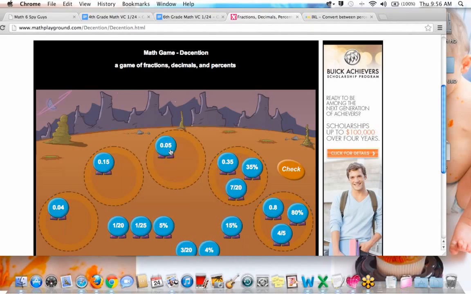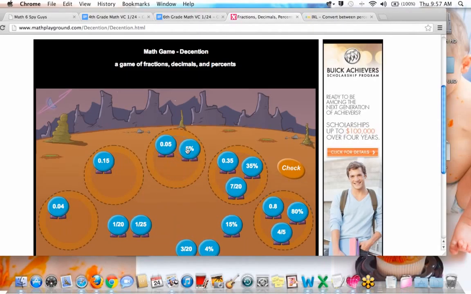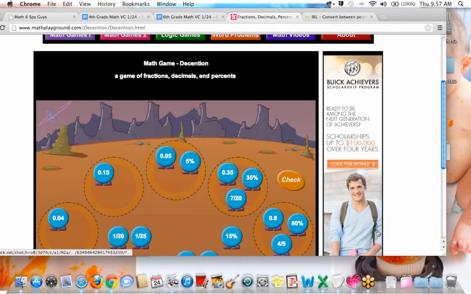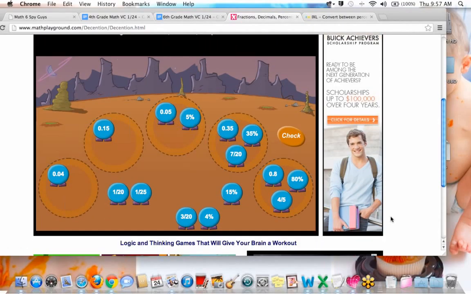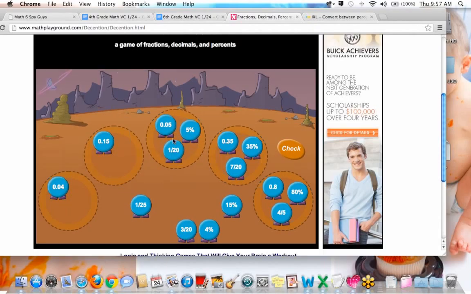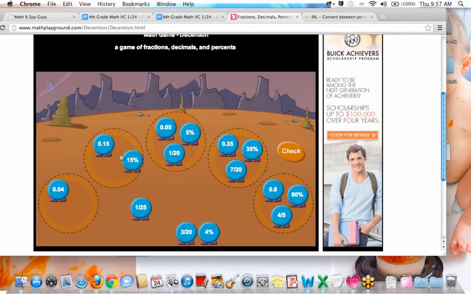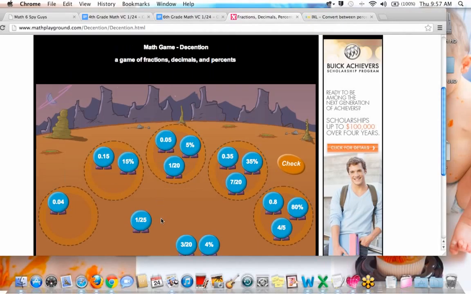You probably remember this particular example because we just did it. So 5 hundredths is equivalent to, very good Dakota, 5%, which can be written how? Good job, Jack. 1/20th. Perfect. This is a repeat example as well. 15 hundredths is equivalent to 15%, which when you write it in fraction form can be reduced to which one of these two?